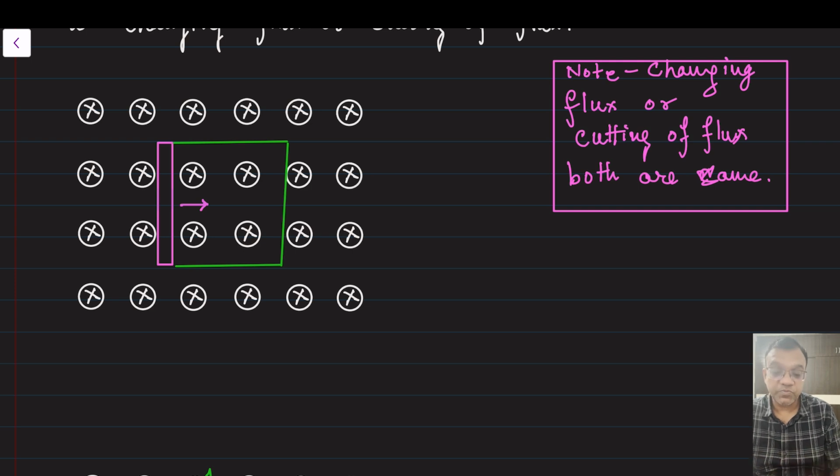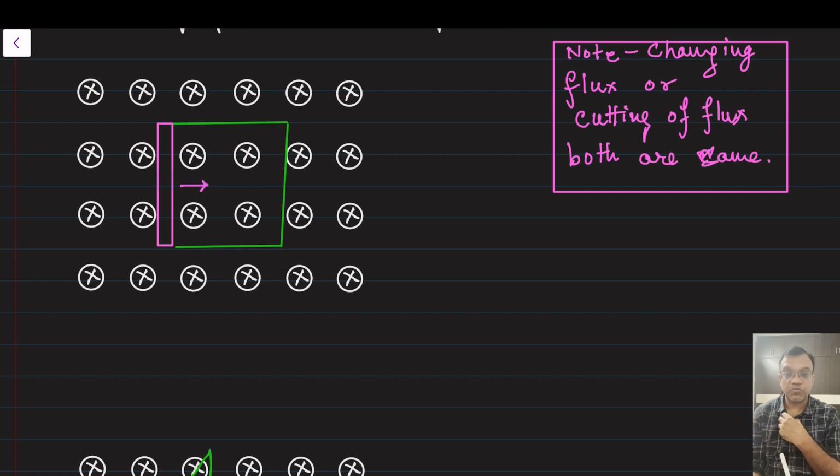Now I am taking some situations, three arrangements, in which I want to explain that changing flux and cutting of flux mean the same. In all three cases, we take a magnetic field which is into the board, into the screen, into the paper, and a pink conductor has been shown like this. This is the conducting rod, and it is moving in the direction of the arrow. The field lines are into the paper and the conductor is moving in the plane of the paper.